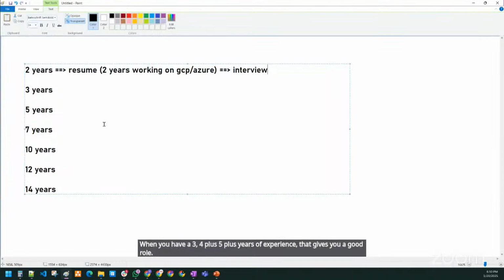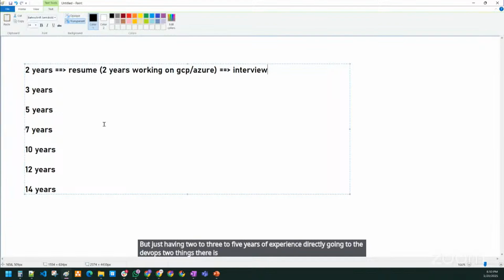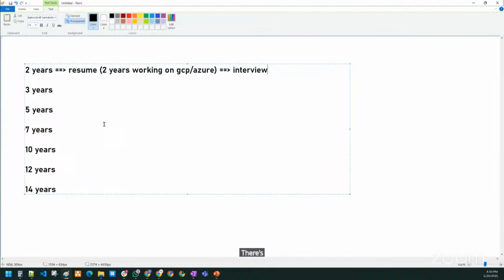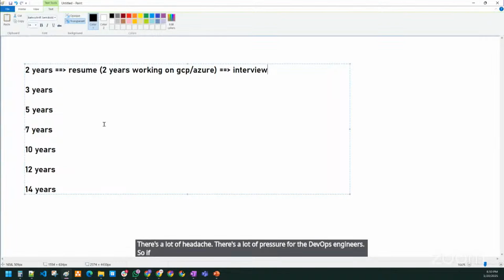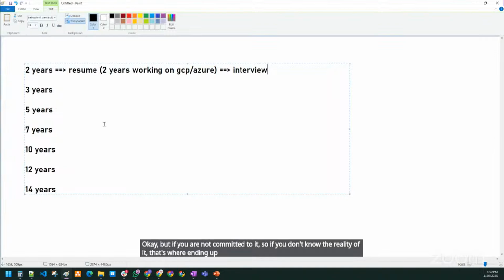But just having 2 to 3 to 5 years of experience and directly going to DevOps, two things: there is coding, first thing, and one DevOps engineer works on 3 to 4 projects. There's a lot of headache. There's a lot of pressure for DevOps engineers. So if you are committed to it, that's totally fine. But if you are not committed to it, if you don't know the reality of it, you end up spending your entire 12 hours in the company every day.